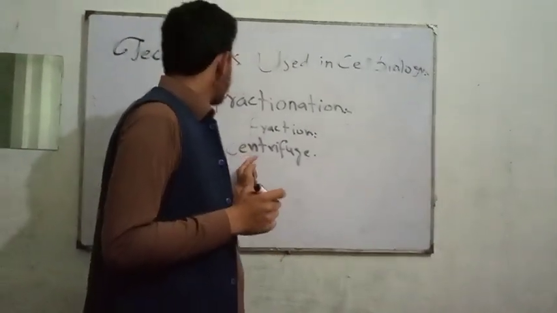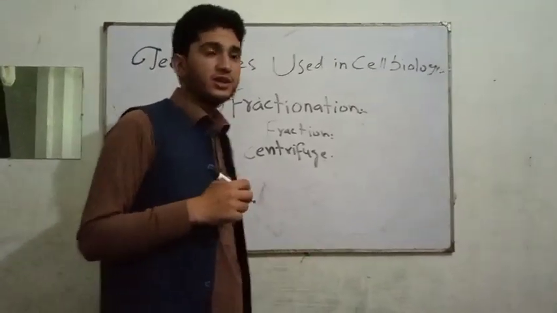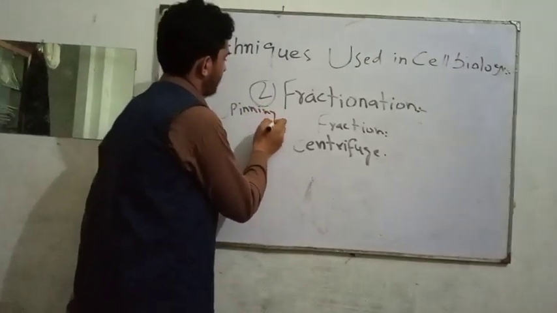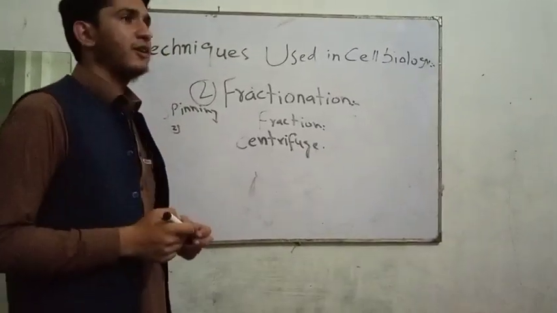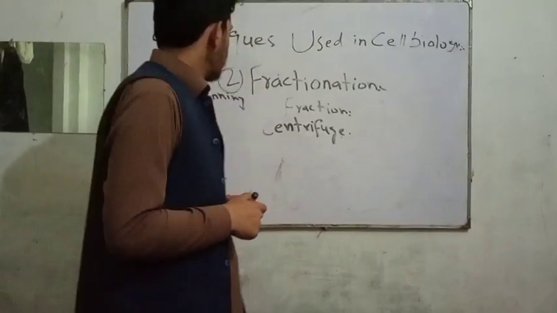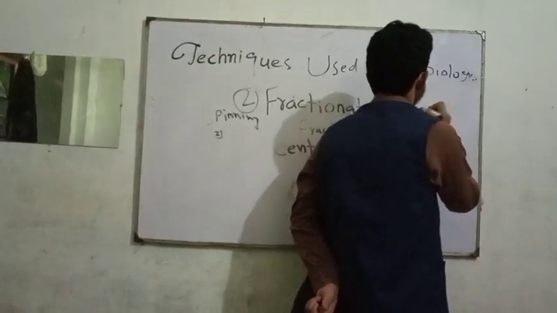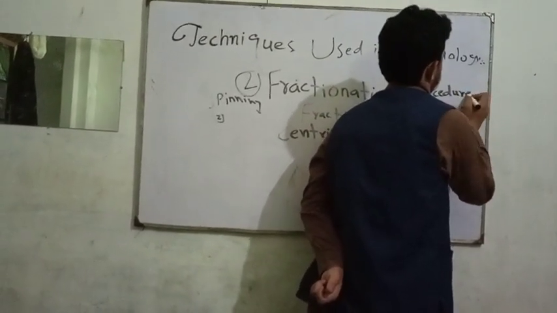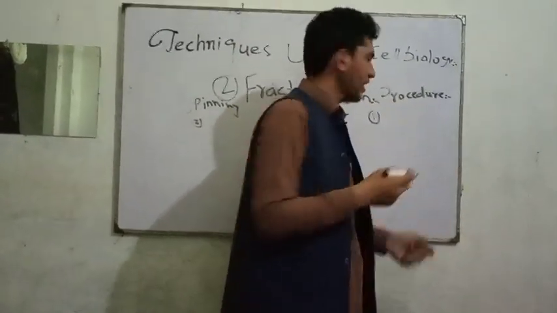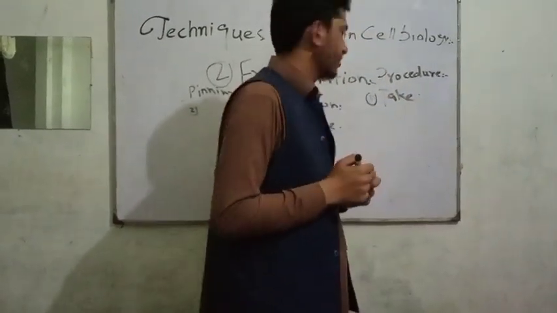There are two main points about the centrifuge machine. First, it has spinning ability. Second, it can be set at different speeds: low speed, medium speed and high speed. Procedure of centrifugation. The first step is to take the tissue which is to be studied.